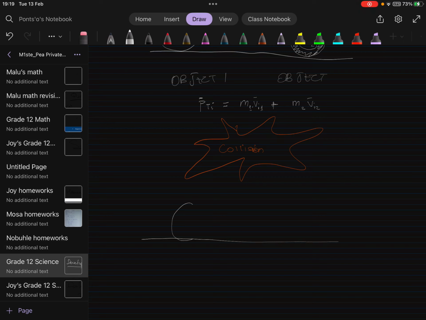So now there's a collision, smack, the two balls hit each other, and now they've changed direction. Object 2 moves in the direction opposite to where it was going before.